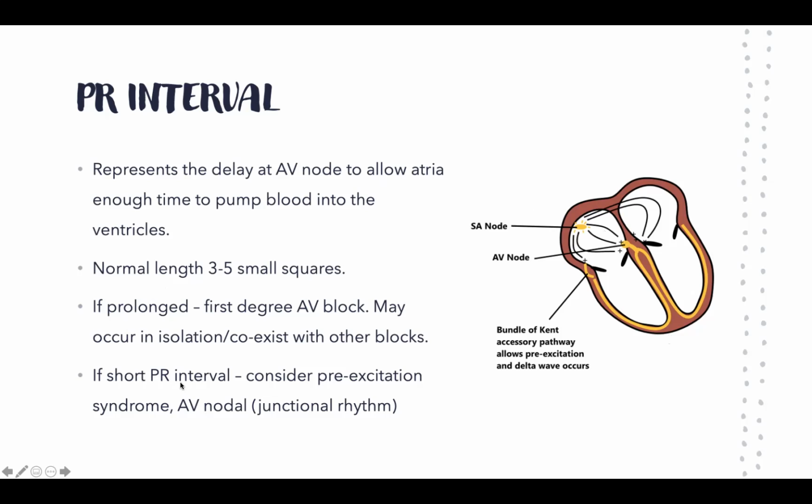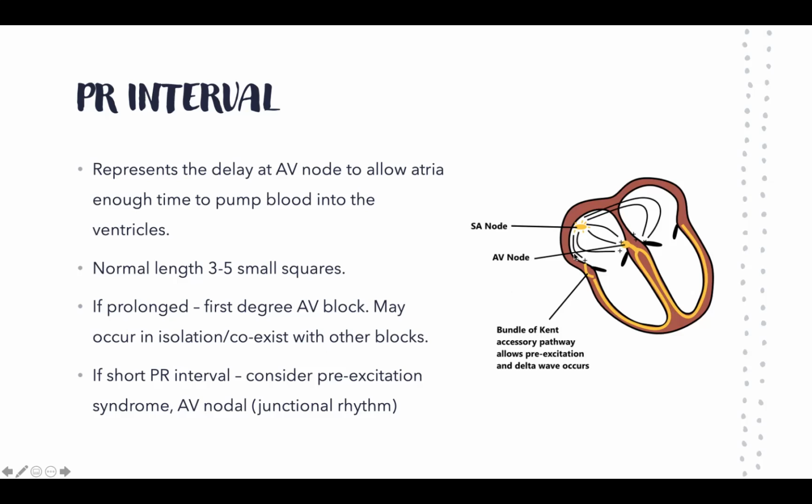If there is a short PR interval, we need to consider whether there is a pre-excitation syndrome or an AV nodal issue as well. So what does that mean? Because a P wave has a delay and then a QRS appears, if there's a short PR interval, maybe there is some sort of accessory pathway. Here we can see this is a bundle of Kent, and it allows an accessory pathway.